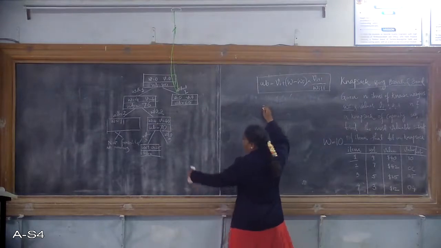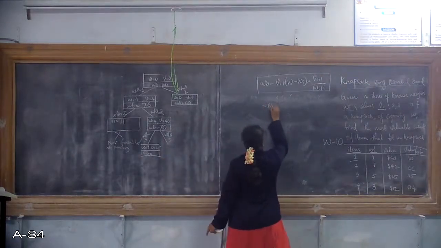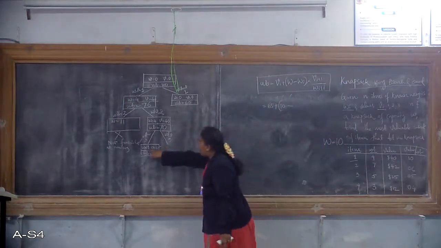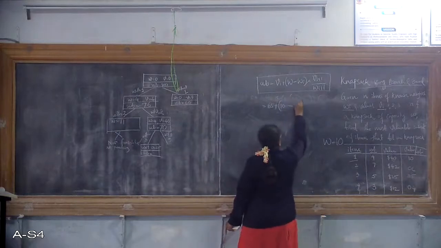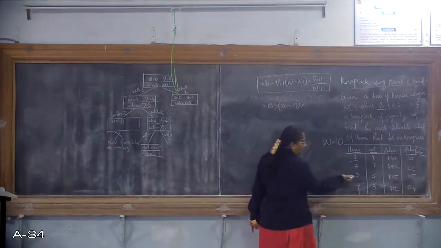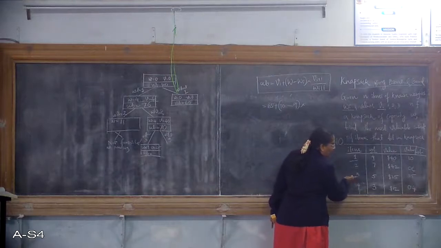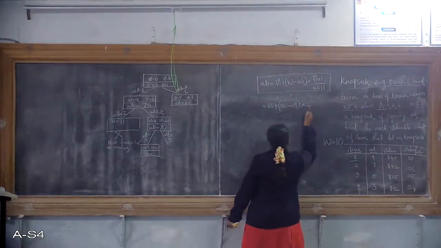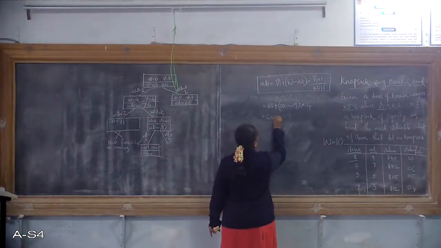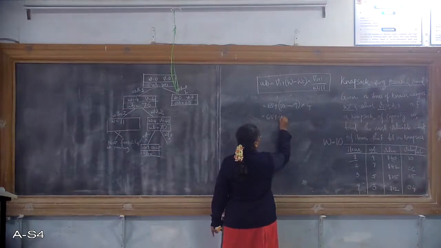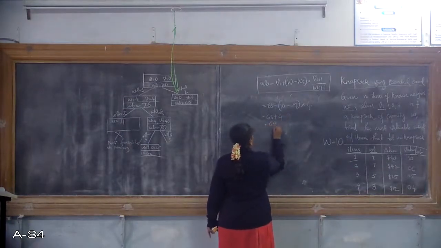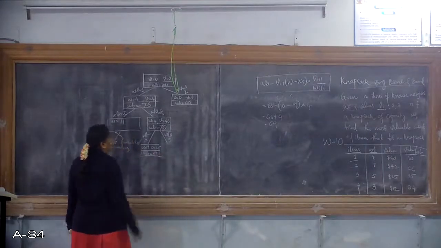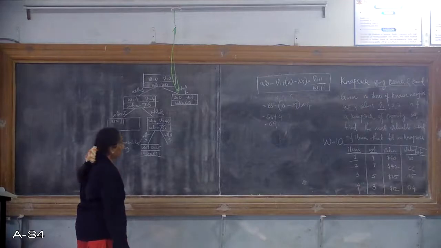V, current V is 65 plus capital W is 10 minus small w is 9 here, 9 multiplied by, when I am dealing with third item, next item ratio, which is 4. So multiplied by 4. This is equal to 65 plus 1 into 4, 4, and this is 69. So 69 is the upper bound value.